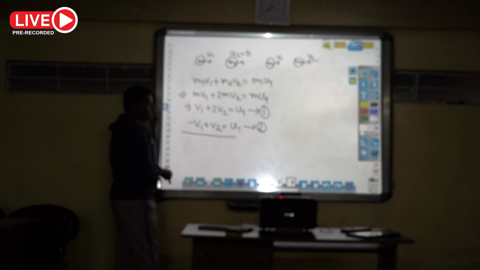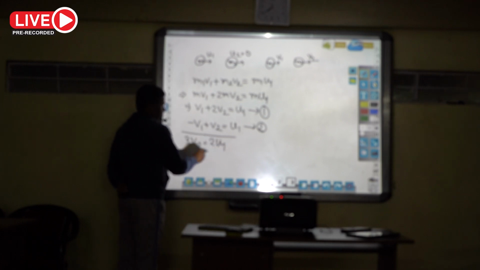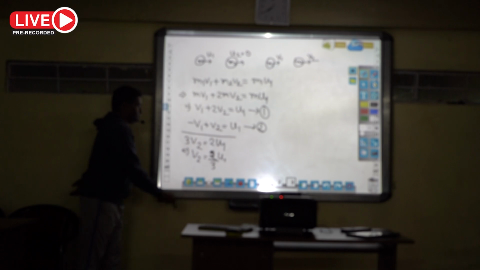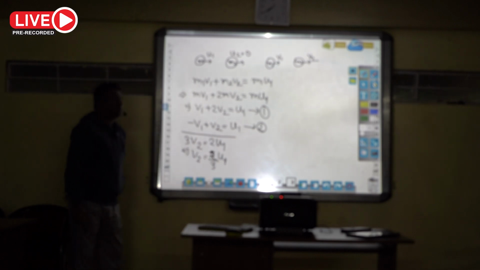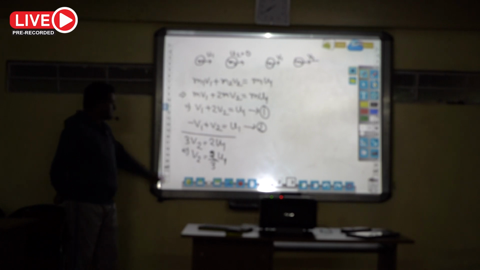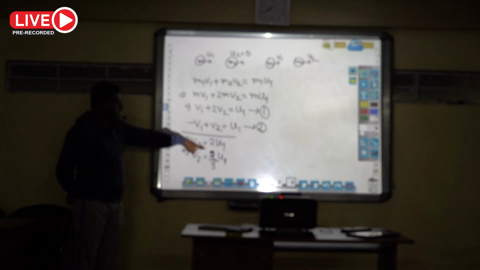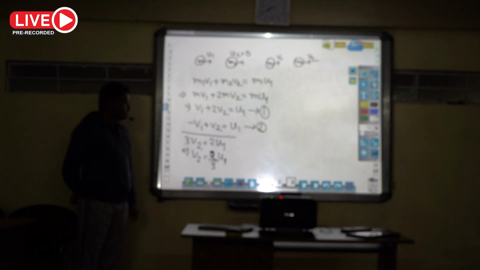If we add simply, then we can write 3v2 equal to 2u1. So v2 equals 2 by 3 u1. Just adding these two, this will cancel and this one will become 2u1 by 3.